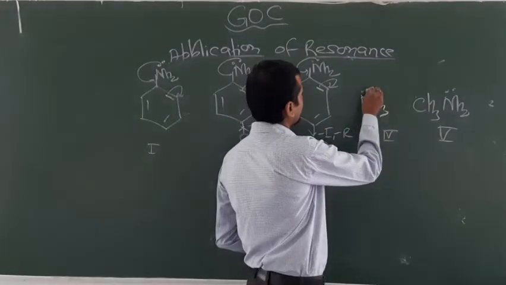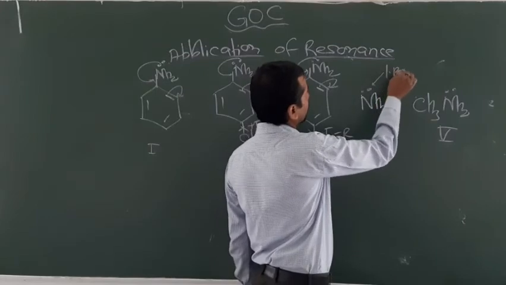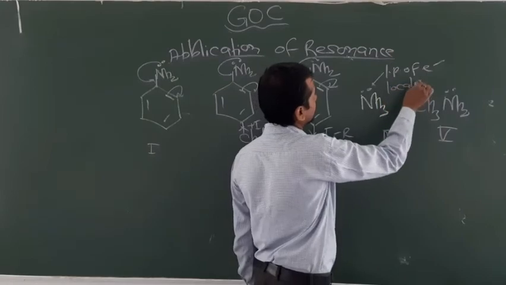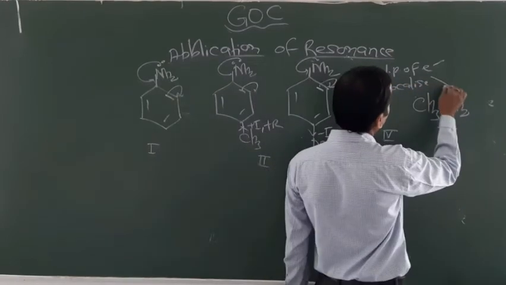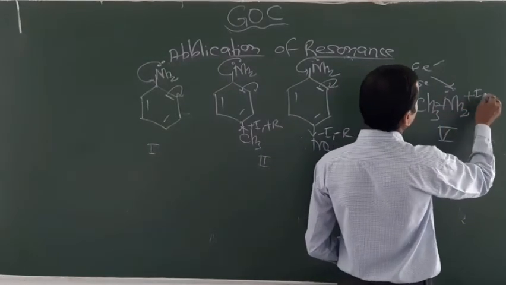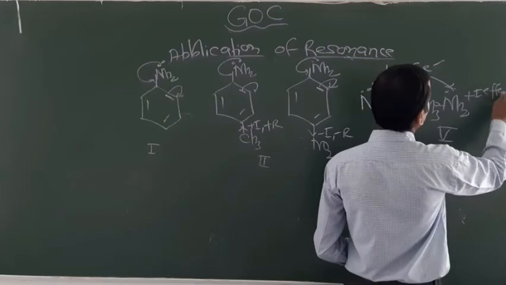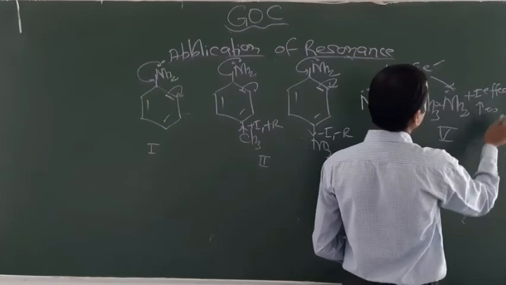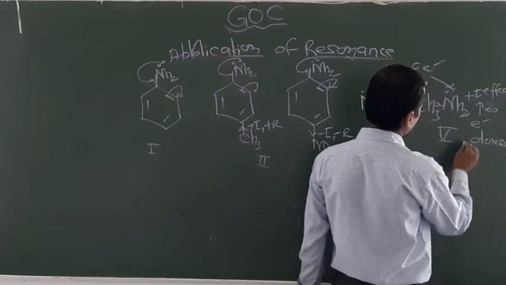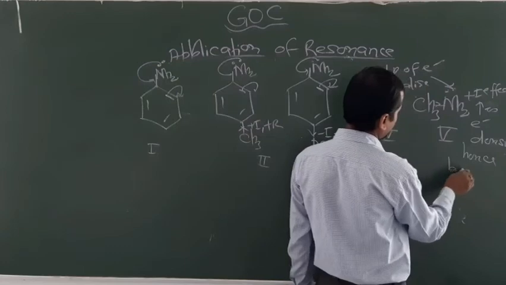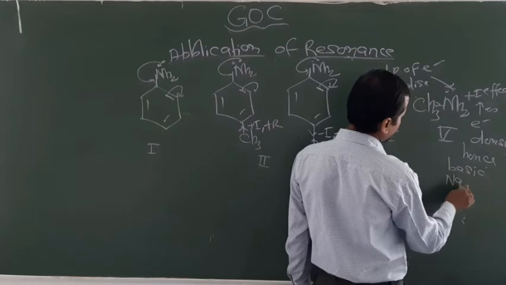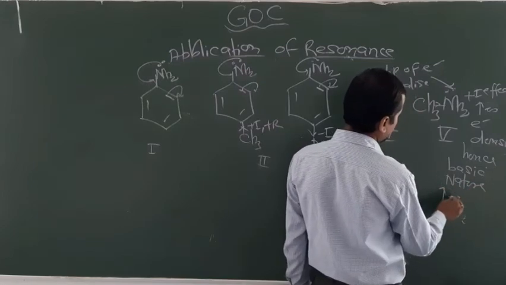Now here is ammonia, where the lone pair of electrons is localized. This also happens here, localized, but in this case, due to plus I effect, the electron density increases and hence the basic property increases.